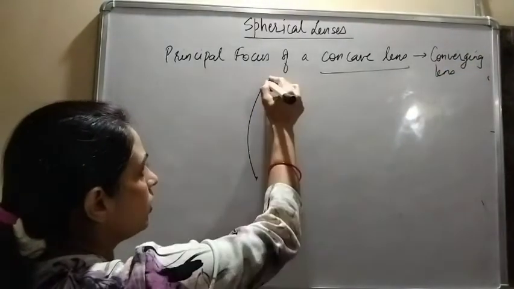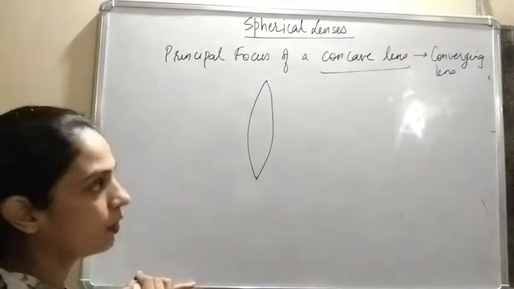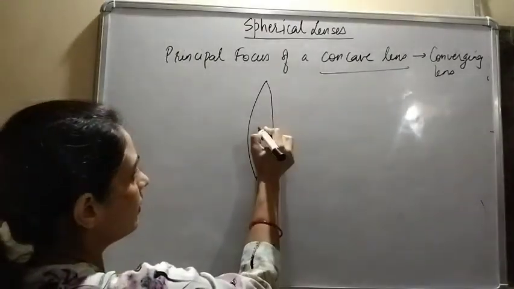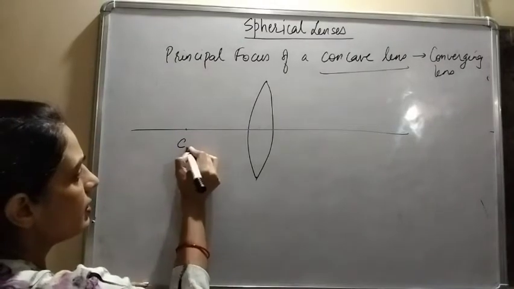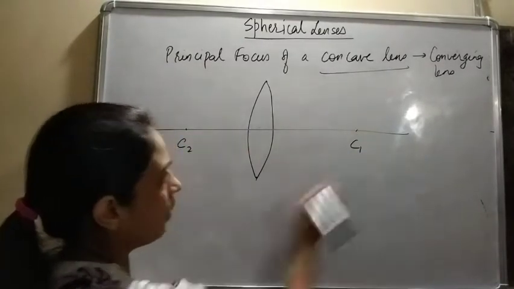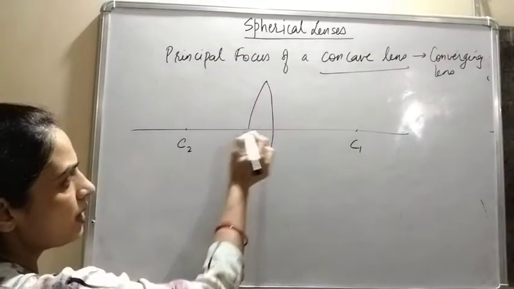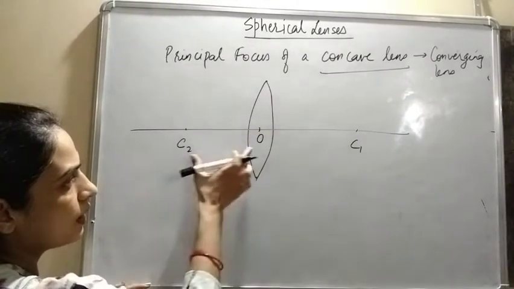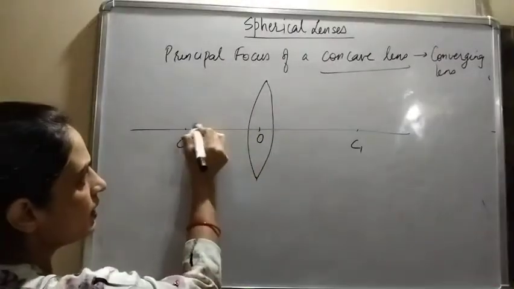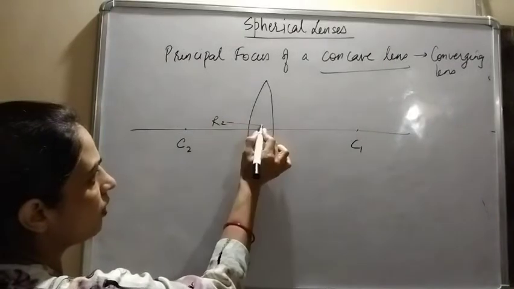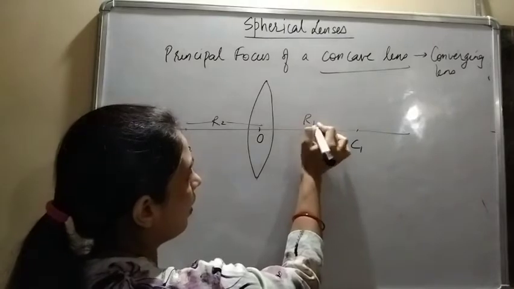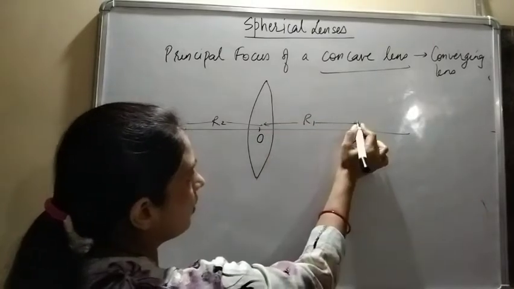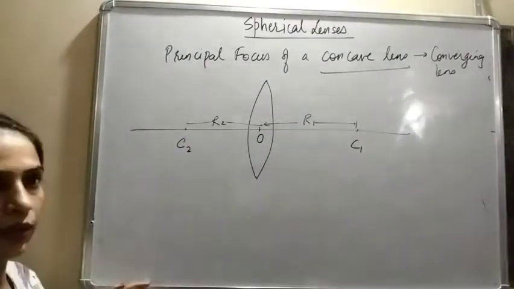So you take a converging lens, this is C2, this is C1. The distance measured from the optical center to C2 is R2, the radius of curvature, and this is R1, the radius of curvature, right?